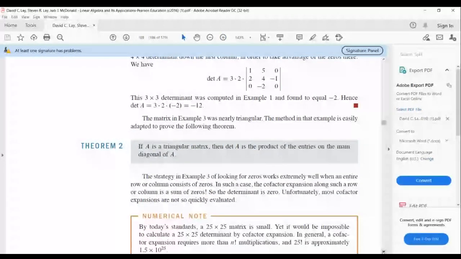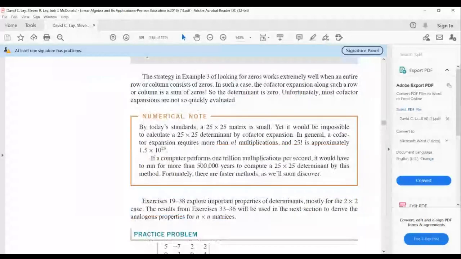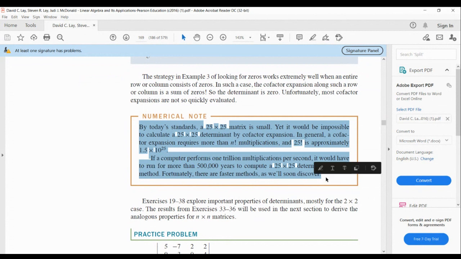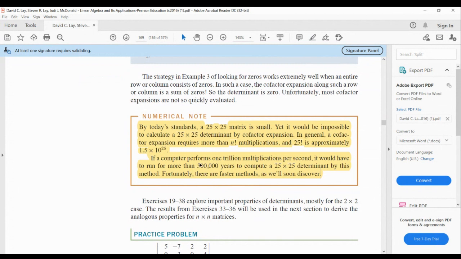Look at the numerical note right here. If a computer performs 1 trillion multiplications per second, it would have to run more than 500,000 years to compute a 25 by 25 determinant by this method.